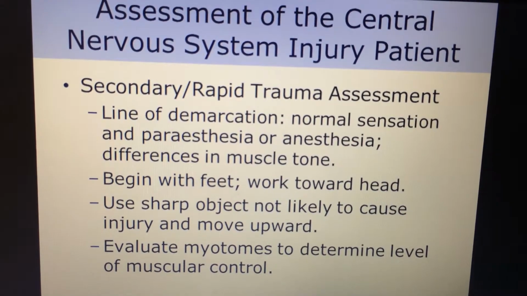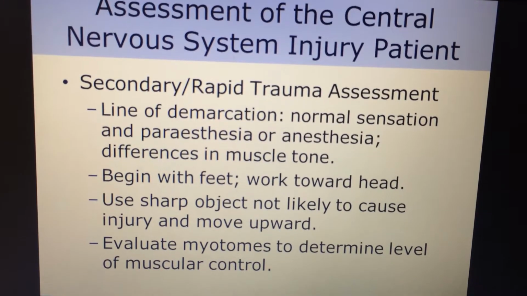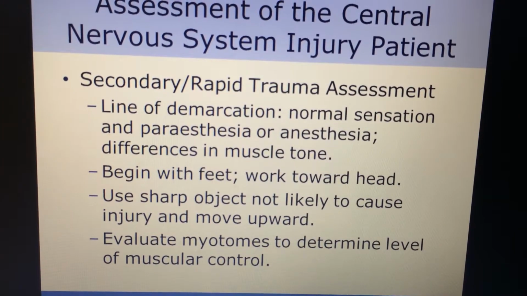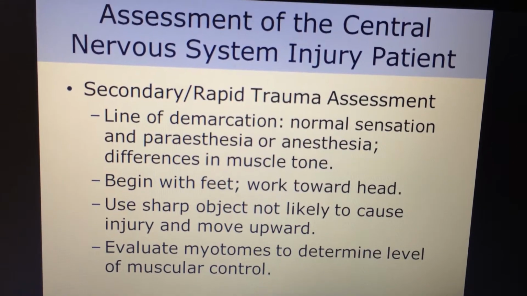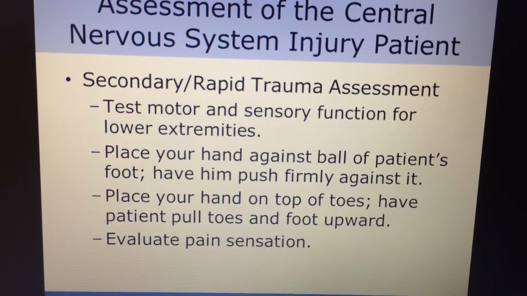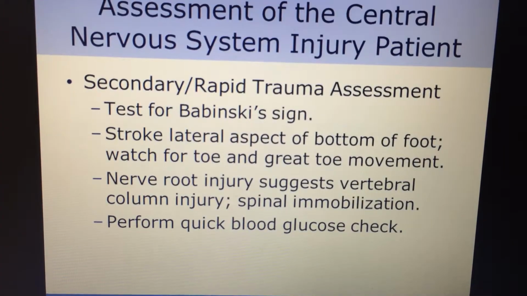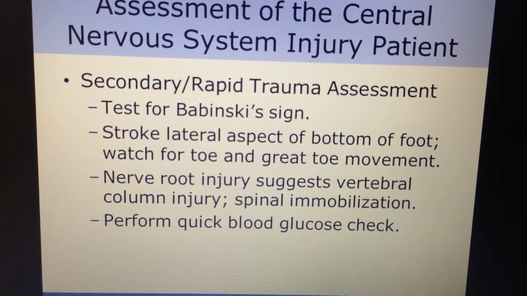We went over patient assessment and that rapid trauma assessment. So I do want you guys to be very familiar with that, and then being able to assess blood flow, sensation, and response. A test for Babinski sign, again, is done on the bottom of the foot.